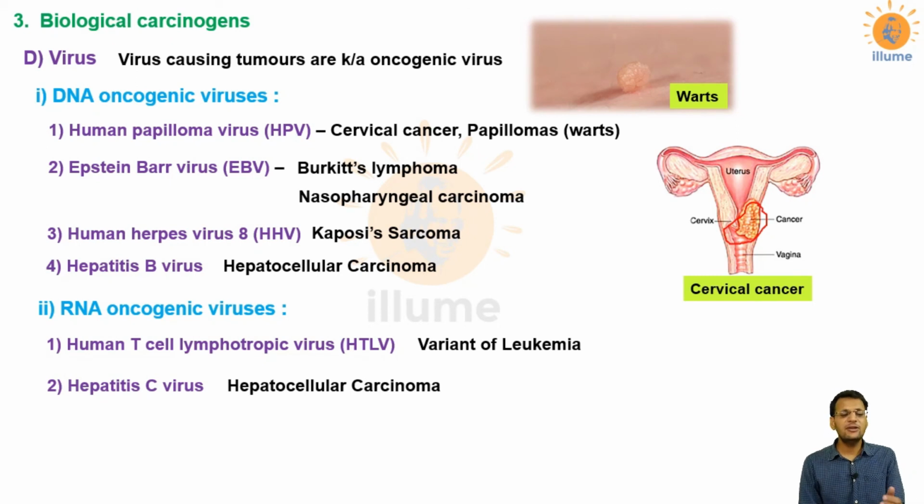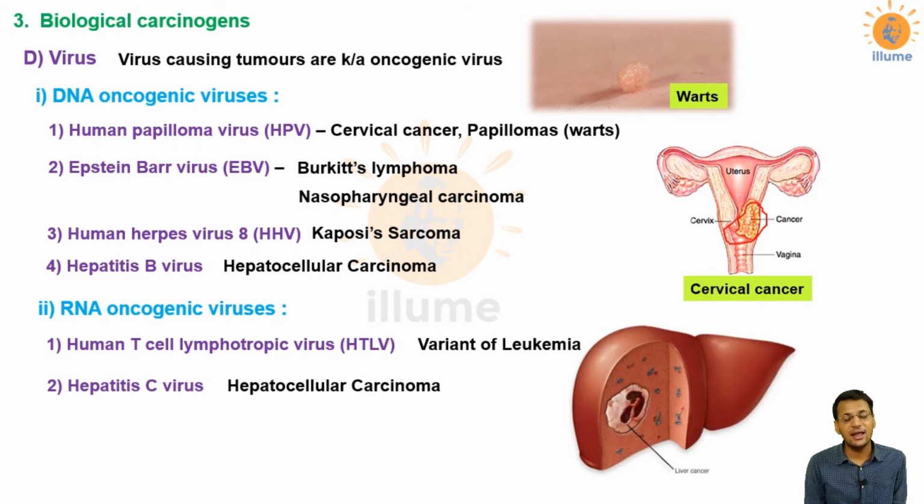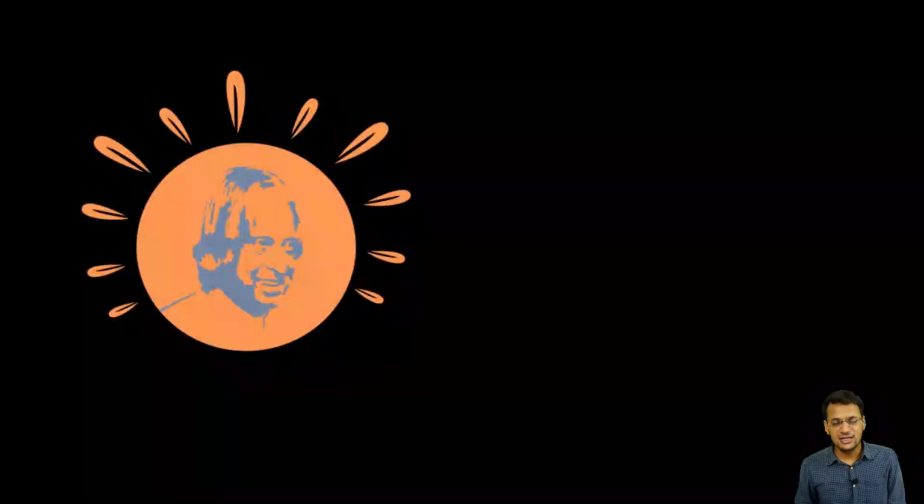You should remember the difference between hepatitis B virus and hepatitis C virus. Both of them produce hepatocellular carcinoma, but hepatitis B virus is a DNA virus and hepatitis C virus is an RNA virus. This picture reveals a liver cancer, a sort of hepatocellular carcinoma that might be because of hepatitis B virus, hepatitis C virus, or aflatoxin produced by Aspergillus flavus.